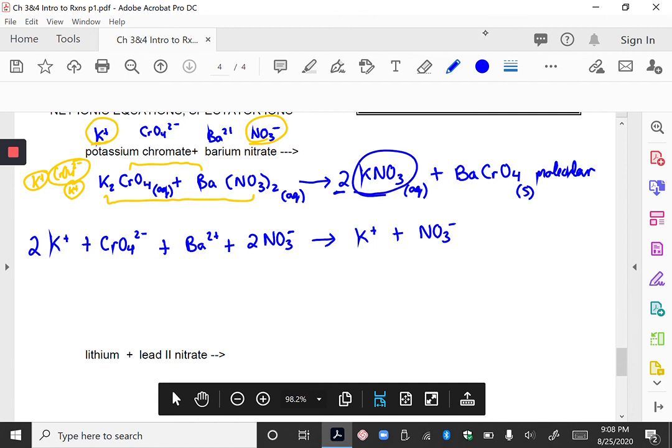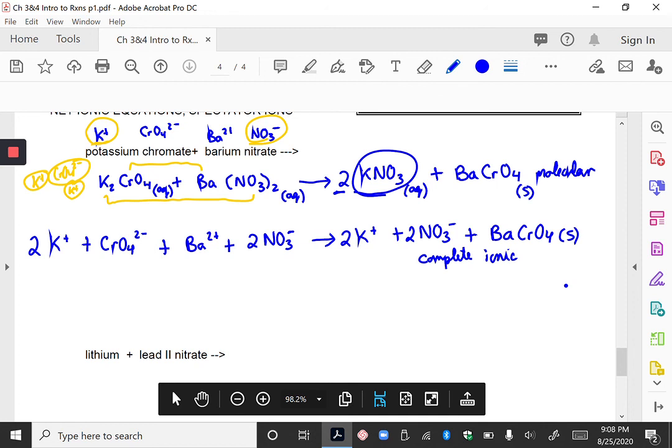So that means 2 of the K pluses and 2 of the nitrates. And then we're going to write this as is because it's insoluble. It's a solid. It precipitates. So that means the barium and the chromate ions are just clumping together. There's no separation of these ions. So we write it as is. This is the complete ionic equation.